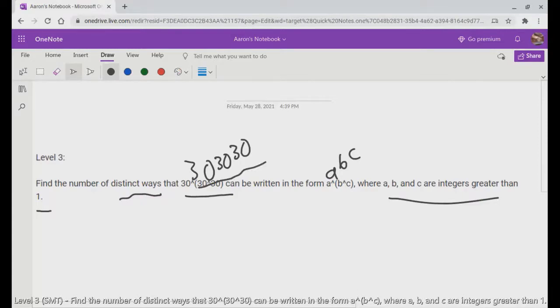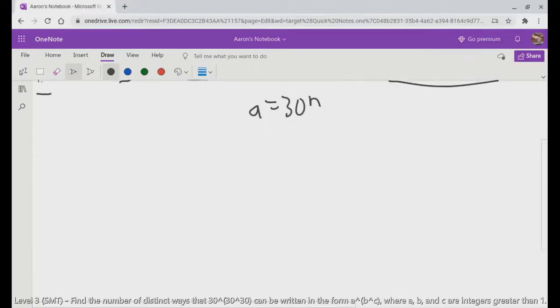And so that means that a is of the form 30 to the power of n for some integer n. What that also means is that b to the power of c is equal to 30 to the power of 30 divided by n.